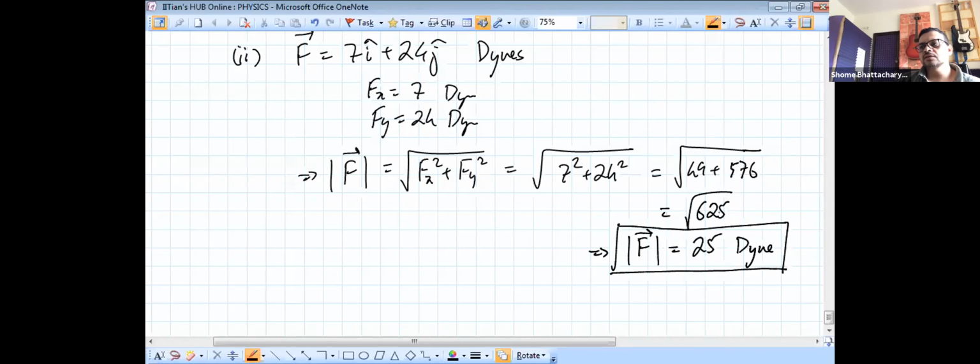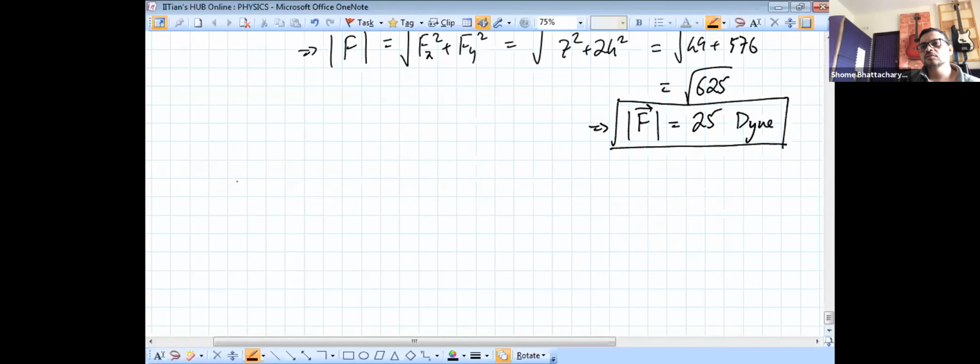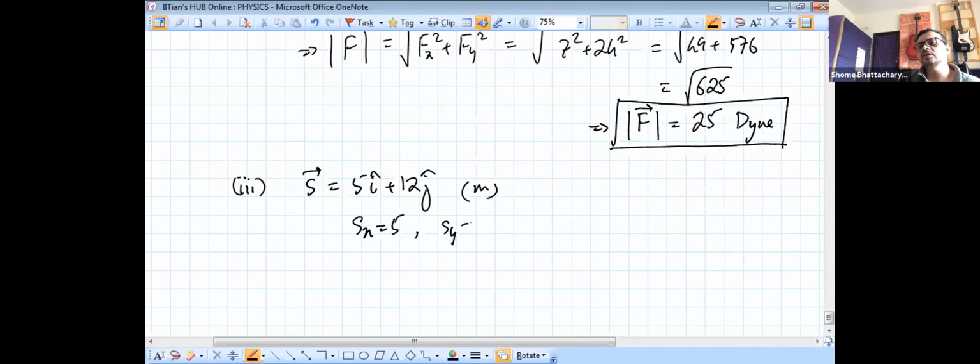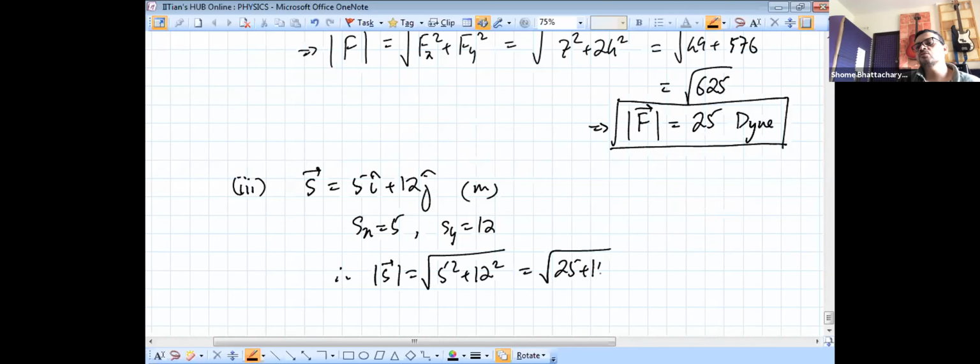And the third part, the displacement was given to you as 5 i cap plus 12 j cap in meters. So displacement's x component is 5, y component is 12. So the magnitude of displacement becomes 25 plus 144.